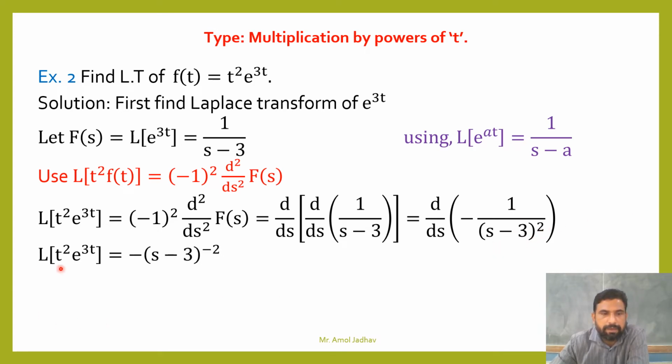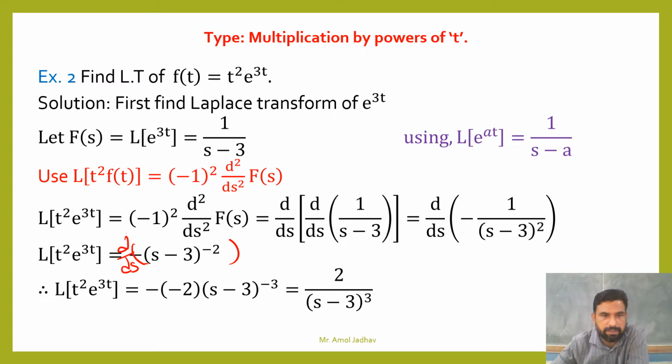Again, simplify this. S minus 3 power 2 in the denominator; in the numerator this power is minus 2. Again find the derivative of minus (s minus 3) raised to minus 2.